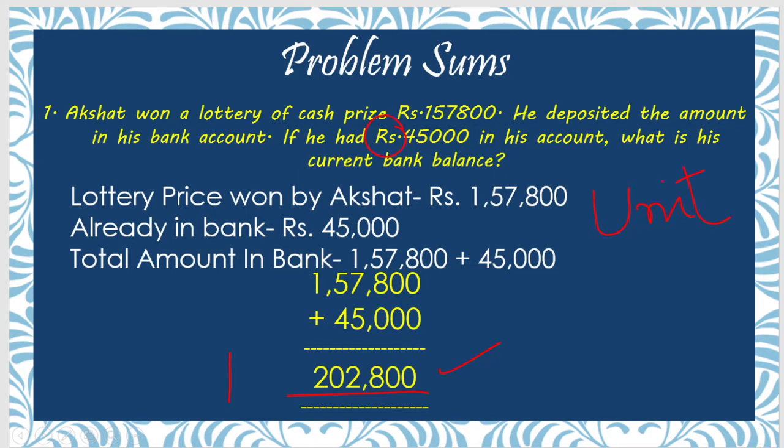You have to write the answer in rupees. Nowadays we denote the rupees like this. If the question is given with RS written, then you have to write RS in the answer.